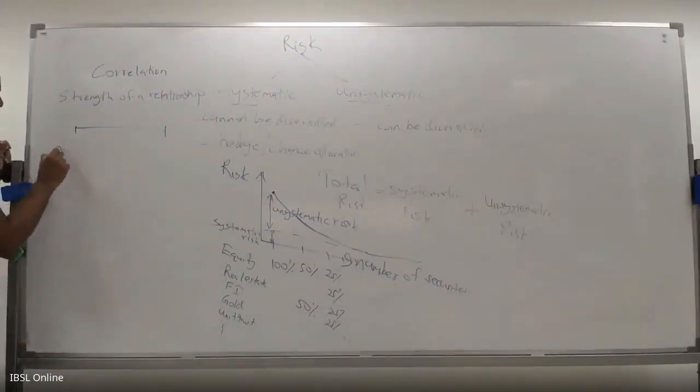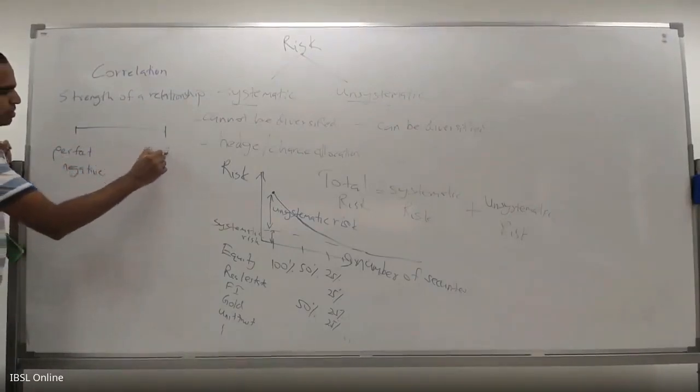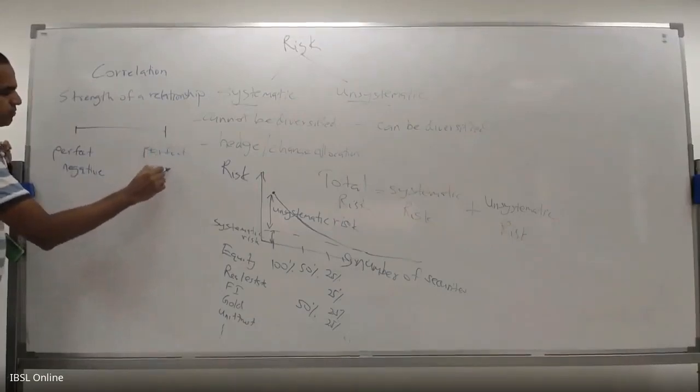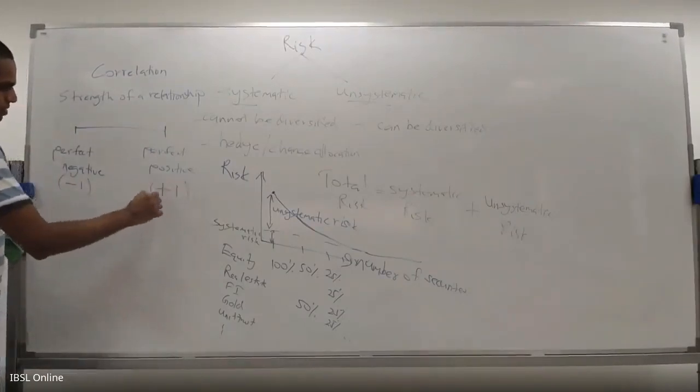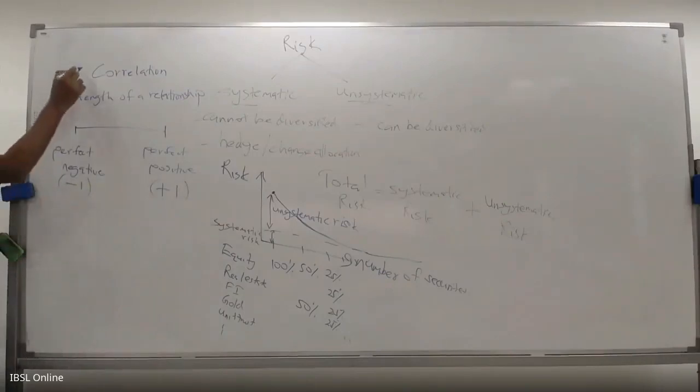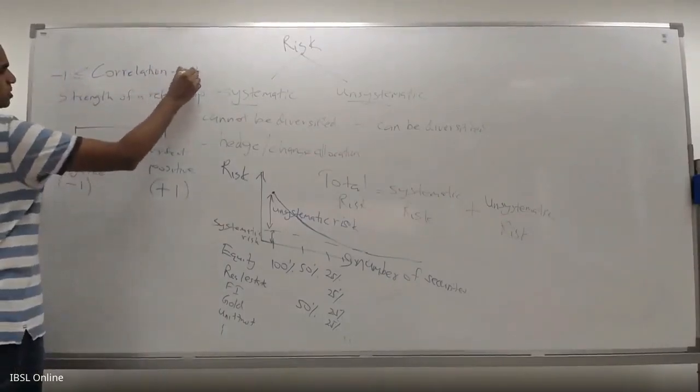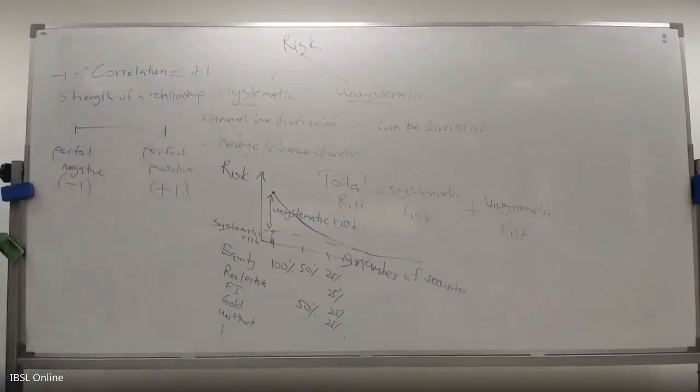Perfect negative and perfect positive. Perfect negative correlation is -1. Perfect positive is correlation +1. Correlation can vary between -1 and +1.